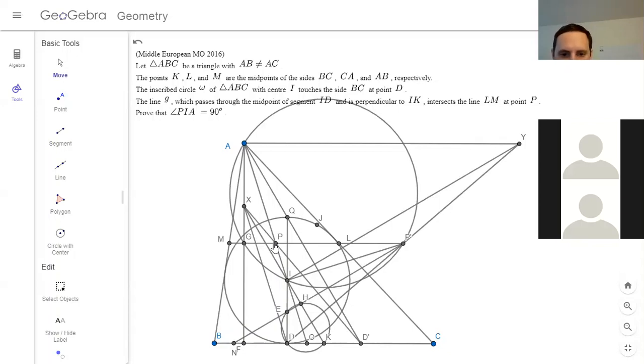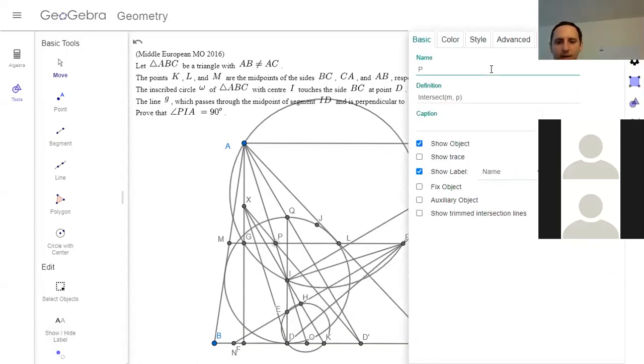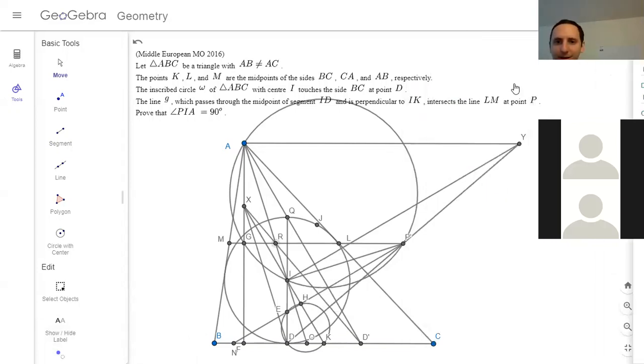Okay, so I can show, it's driving me crazy how this keeps saying point P, which I don't want it to say. It is sufficient to show that YI is perpendicular to IK. Yes.